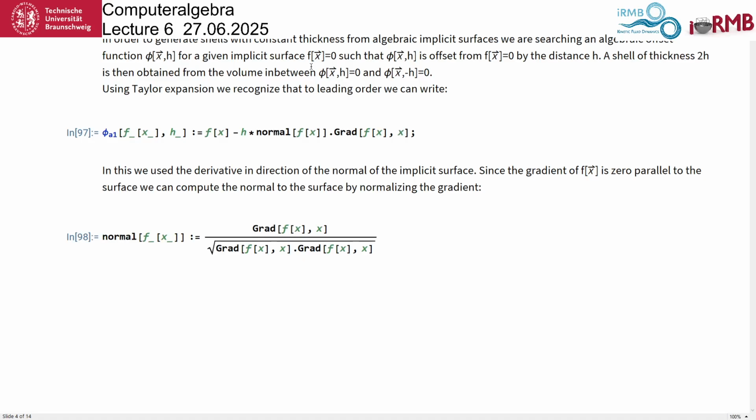Now, what we would like to get is another function phi that is equal to 0 at a given distance h. Yeah? So the distance h is supposed to be, later, half the thickness of the object, because we do this in one direction and the other direction, obviously.